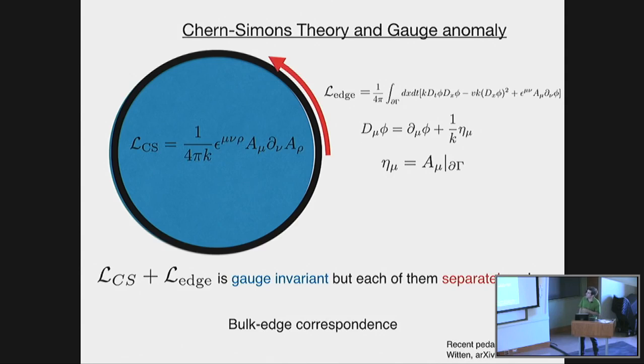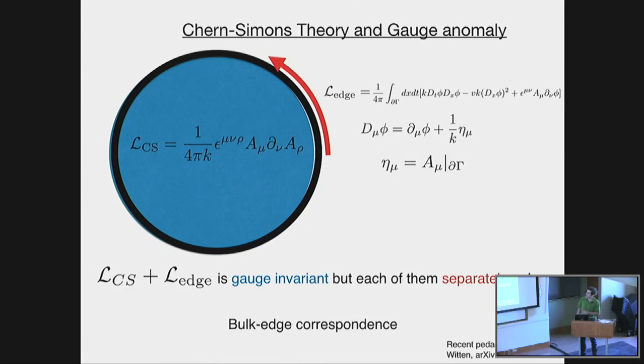So the spectral flow that I mentioned in the analyst picture can also be seen here. How? If I only have access to the edge state, and I gauge the edge of the system, I should see this anomaly, because I should see this gauge anomaly.